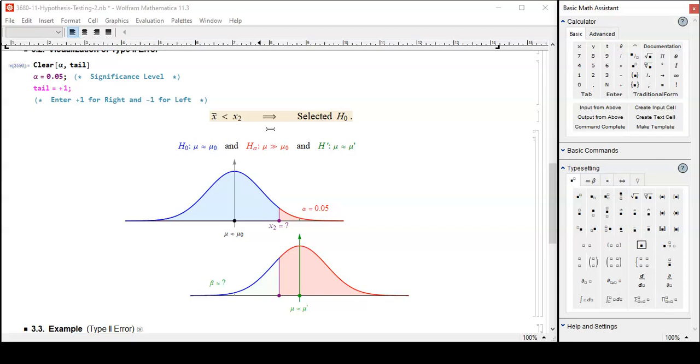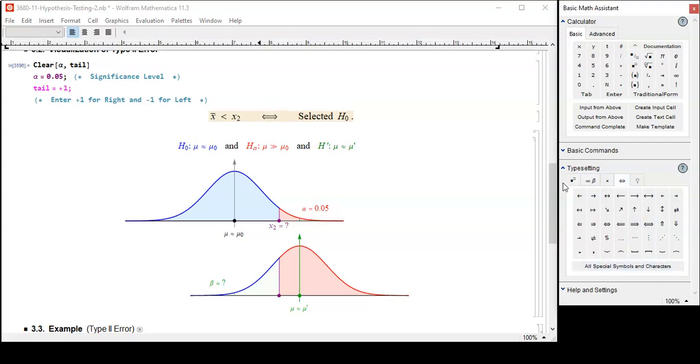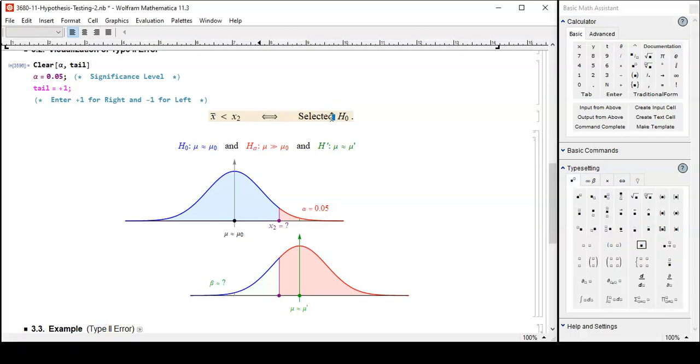Selecting H0, as a matter of fact, this should be necessary and sufficient, equivalent. Selecting, let me say accepting H0, look at the first picture, means x bar falling less than x2. So close enough to null, so we're going to null hypothesis H0. Greater than x2, then too far away from the null, and we reject H0 and go for HA.